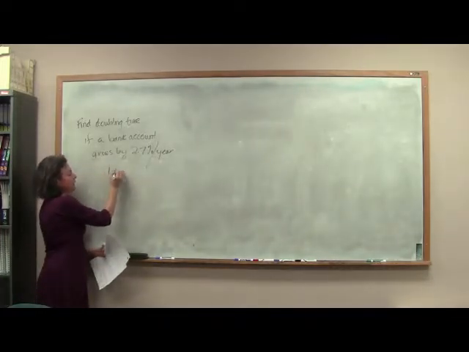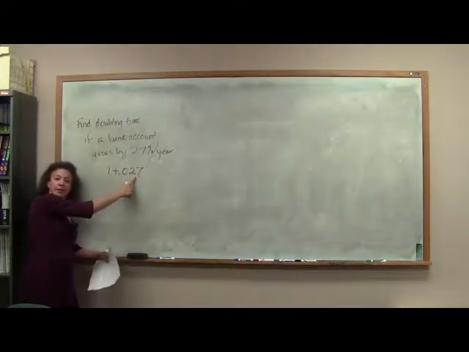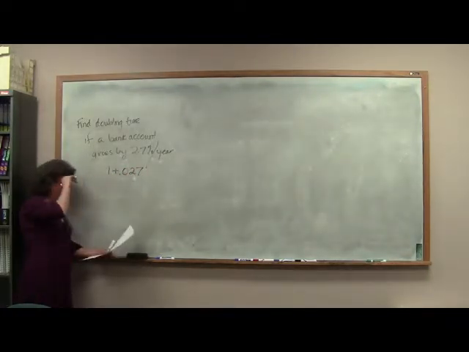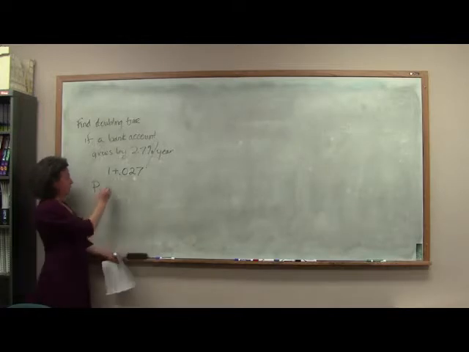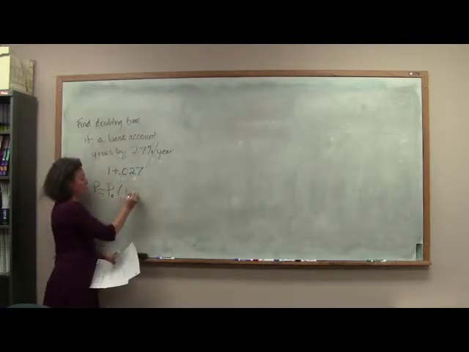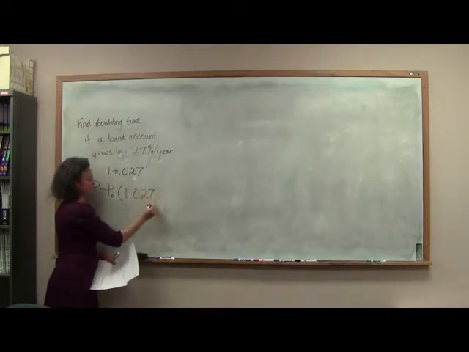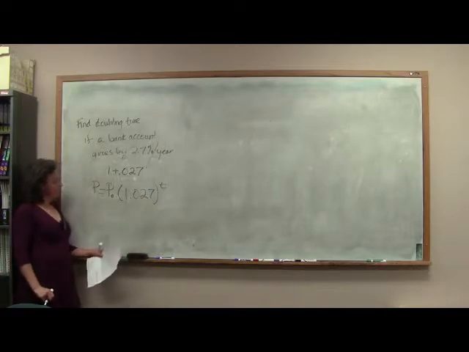Okay? I claim my base is 1 plus the percentage that it grows by. In other words, well, we can use P or P sub 0. P equals P sub 0 times 1.027 to the power of T. Okay?